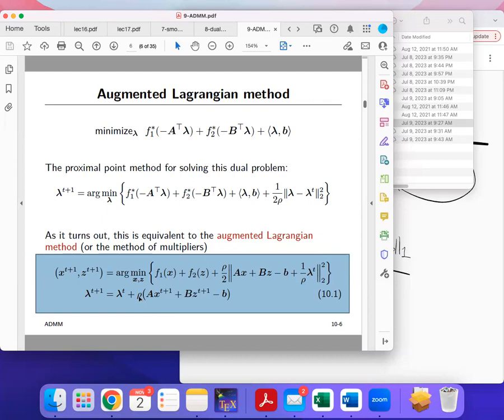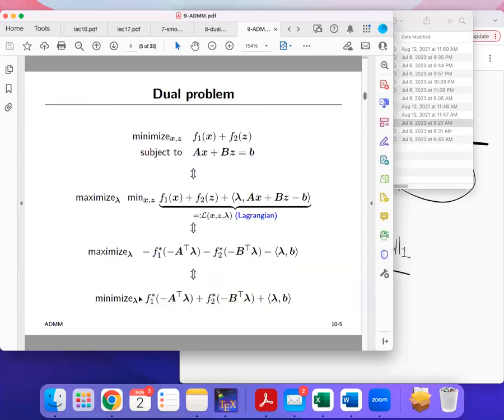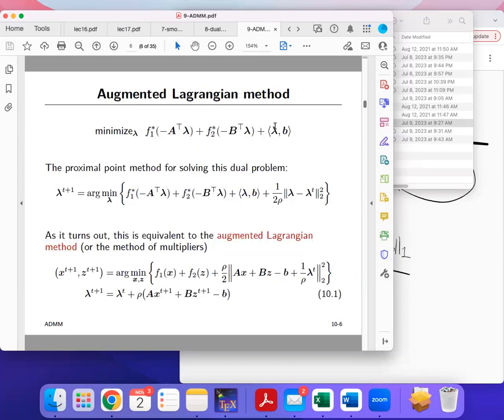However, let's look at this 10.1, this update proof. Do you think it is easy to implement in practice? Given that F1 and F2 are simple functions, I suppose they are relatively simple, and proximal mapping can be computed. Now, for this algorithm, the most important update is the first one, right?